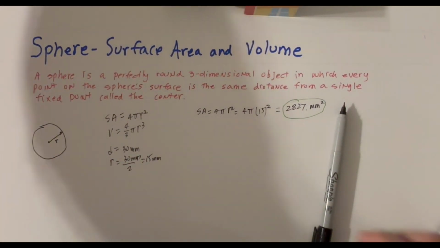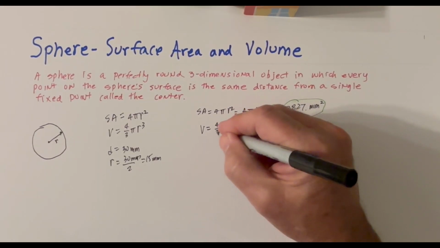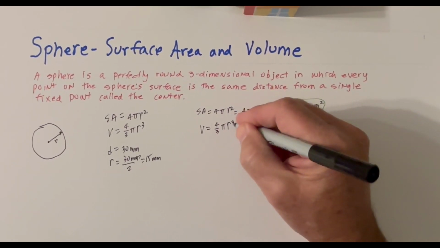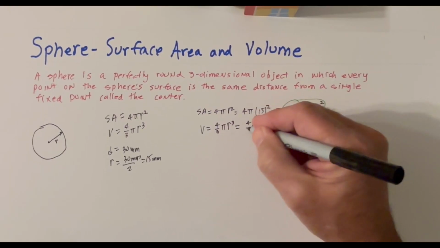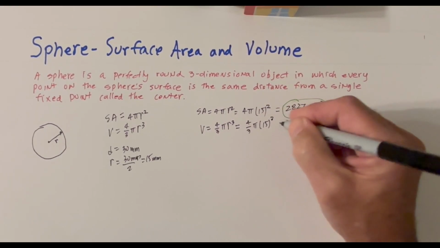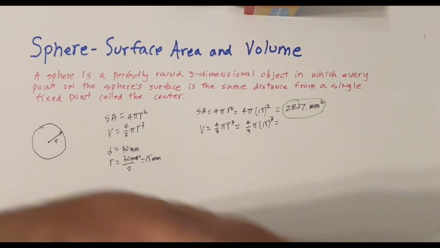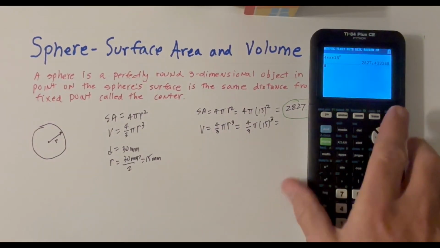So now let's go on and calculate the volume. The volume is equal to 4/3 pi r cubed. So that's 4/3 pi, and r is 15, cubed now to the power of 3. Do the numbers with our calculator.